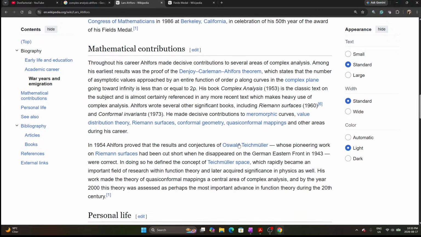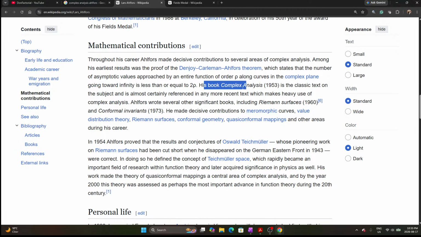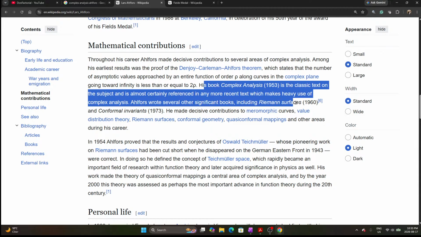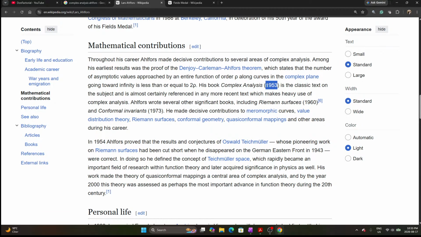It's a classic text on the subject, and almost certainly referenced in any more recent texts which make heavy use of complex analysis. He also wrote other significant books, including Riemann Surfaces. And this came out in a similar year, I think the same year, as Baby Rudin, the Principles of Mathematical Analysis. So this can very much be considered the complex analysis counterpart to Baby Rudin.